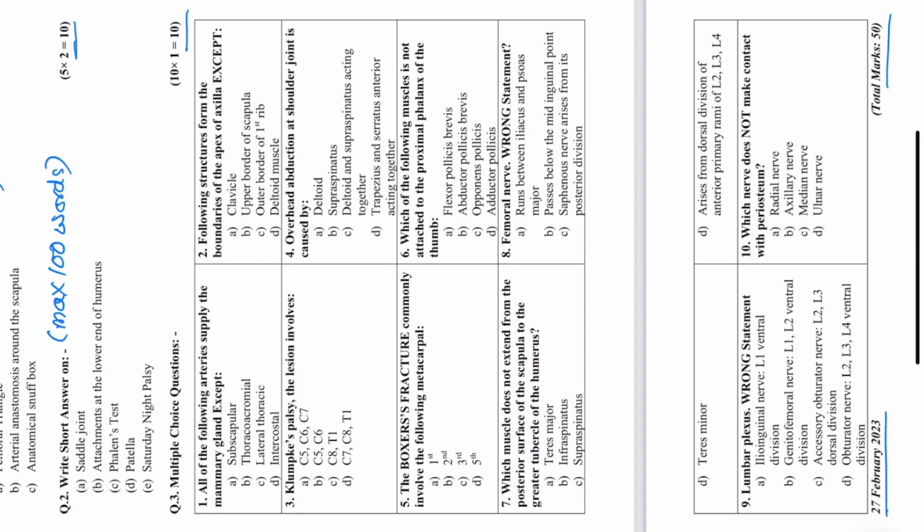That's the area overlying the anatomical snuff box as well. In case it's asked which nerve undergoes compression and leads to the finger drop deformity, the answer will be the posterior interosseous nerve of the forearm.